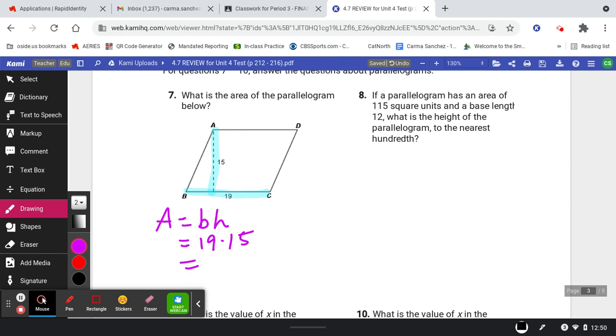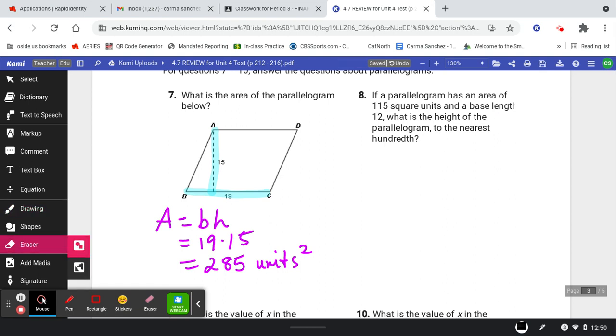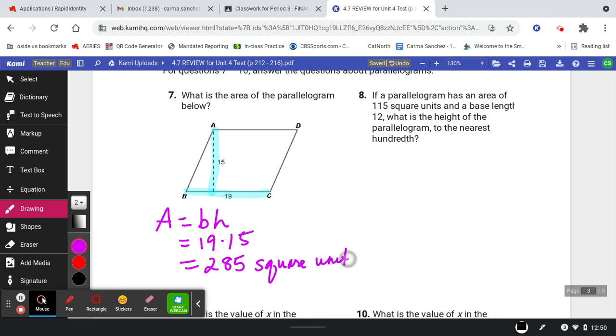Grab your calculator, see what you get. Did you get the 285? And since this is an area, we would say units squared. Again, if we don't have units, we have to still list units when we're doing geometry. We can say square units or units squared, whatever you're comfortable with.